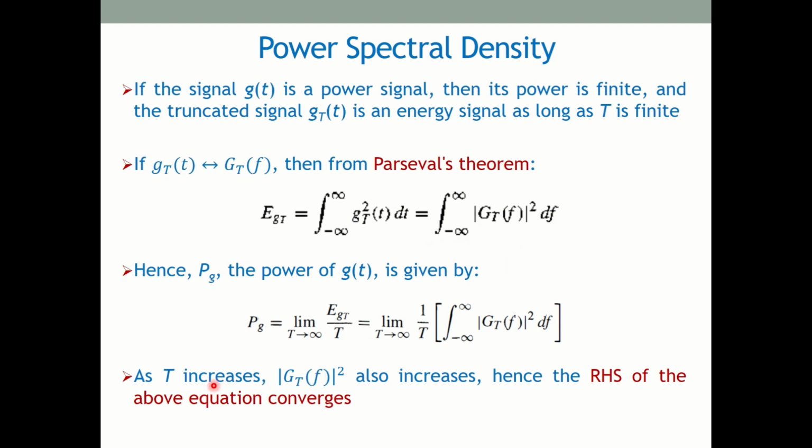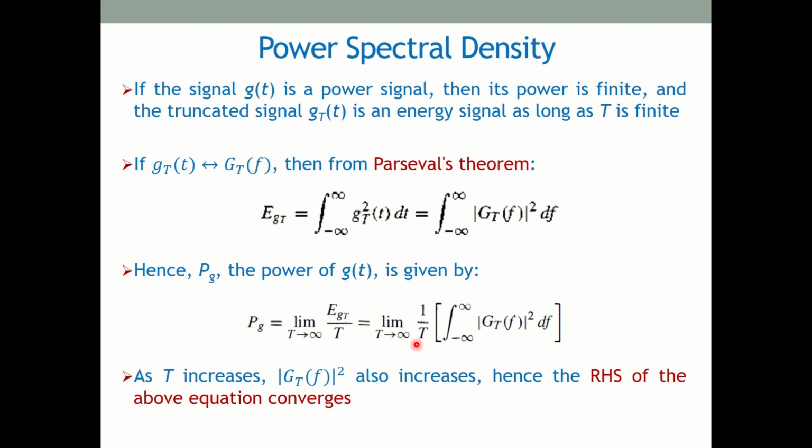Now again, as T increases, the energy spectral density also increases, and so the right hand side of the above equation converges. As T approaches infinity, this term also increases accordingly, and the overall value still converges to a finite value.